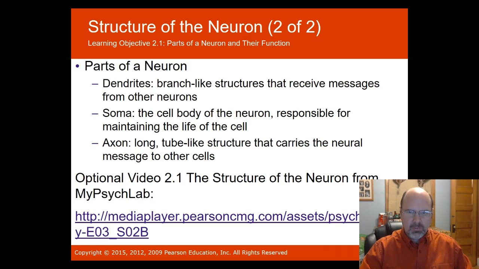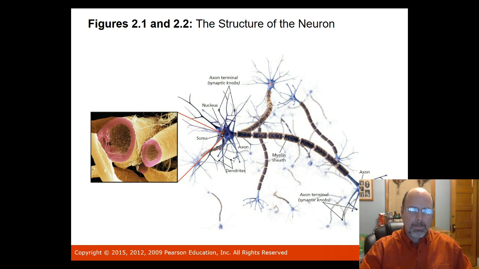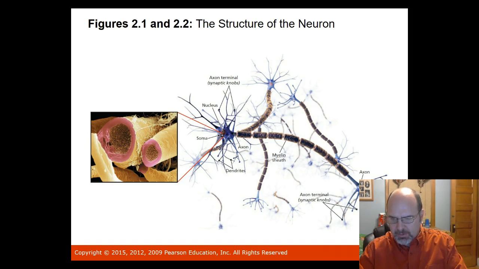There's a little video that explains the structure of the neuron if you want to see that. This is a little graph of the structure of the neuron. Notice the axon terminals at the ends of the axon communicate with other nerve cells.